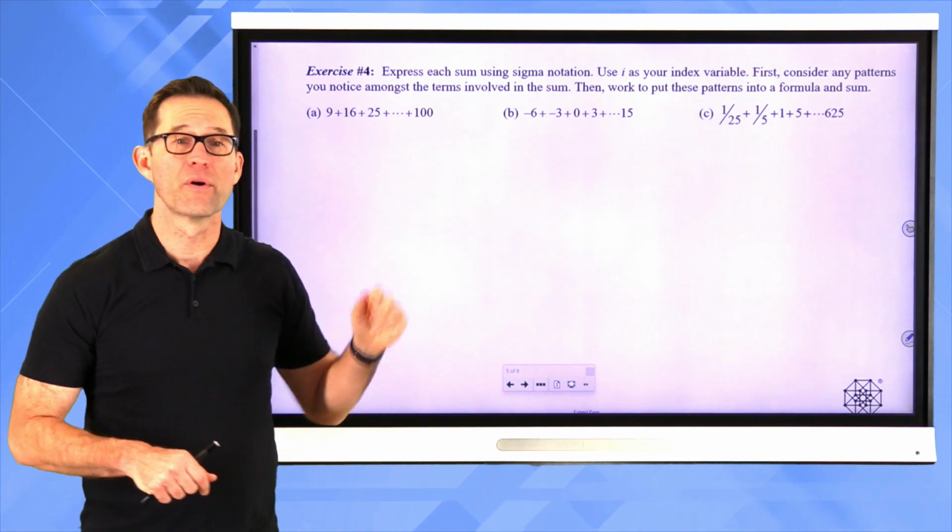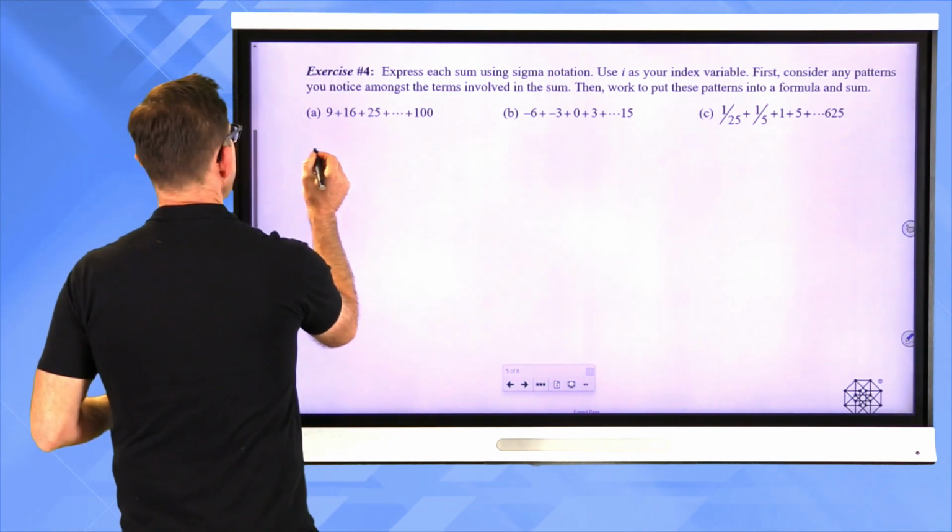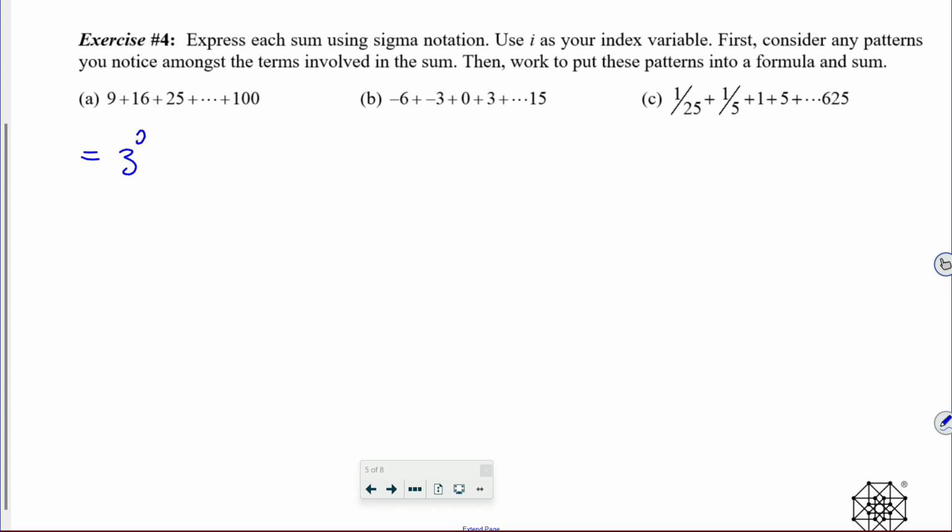Well, these are all perfect squares. In other words, this is equal to 3 squared plus 4 squared plus 5 squared plus ... plus 10 squared.